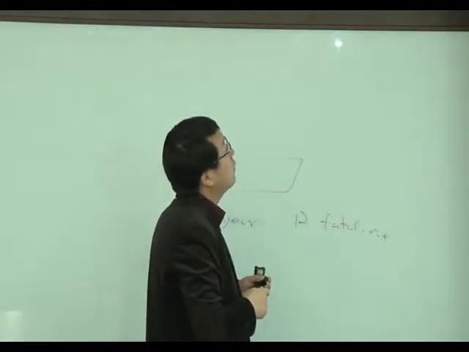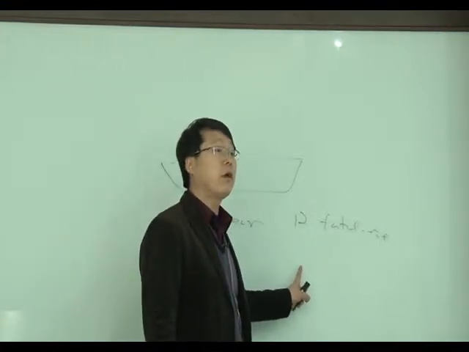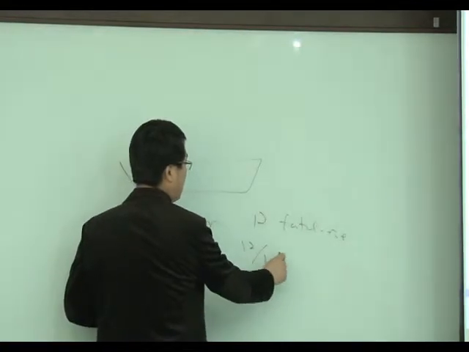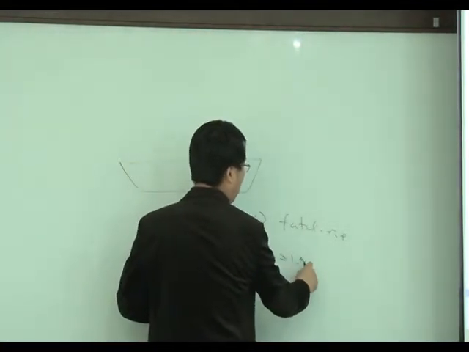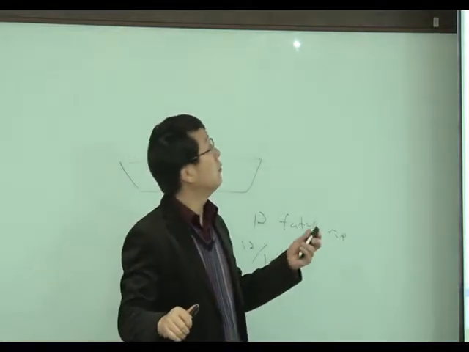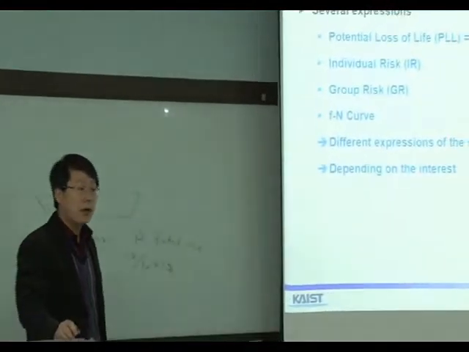Then potential loss of life is just 1.2 per year. Okay, 12 divided by 10, so 1.2 fatality per year. This is the meaning of potential loss of life, the definition of potential loss of life.